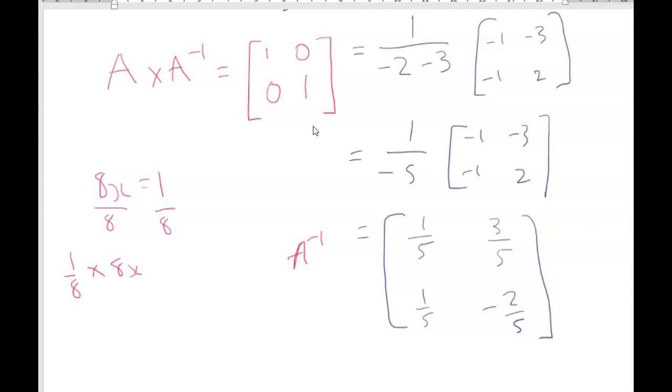Okay, so dividing by 8 is the same as multiplying by 1/8. Okay, so it's very similar to what we're doing here.